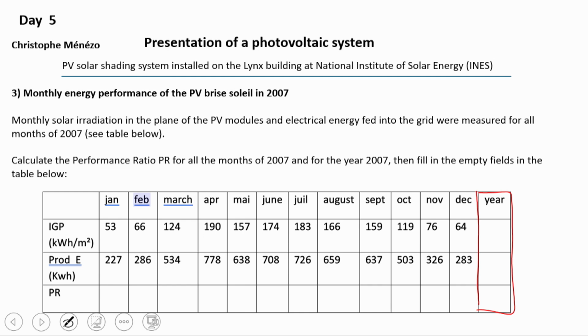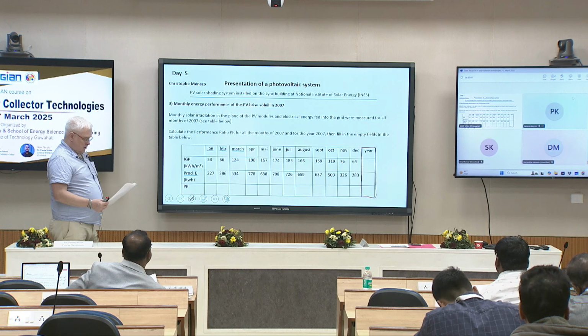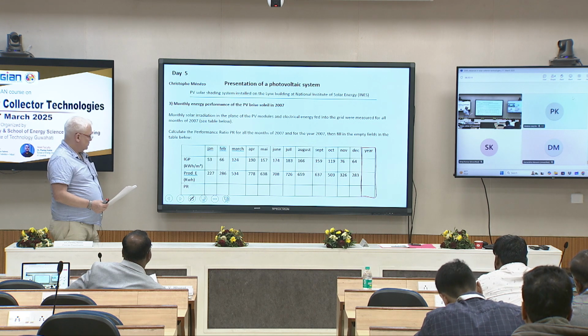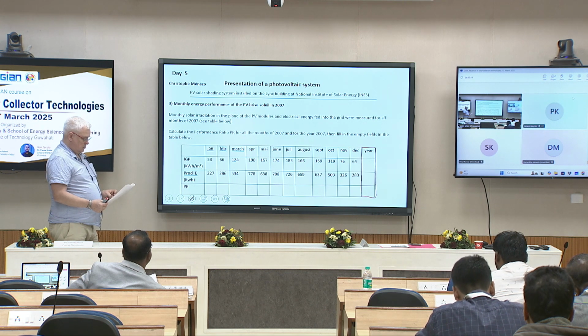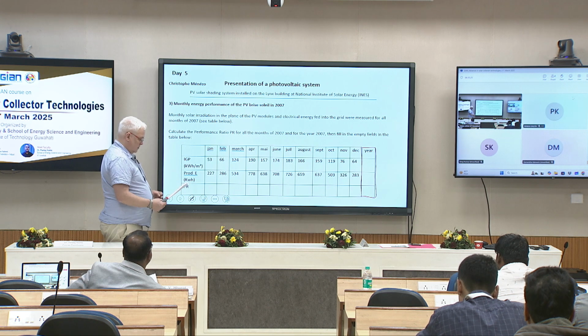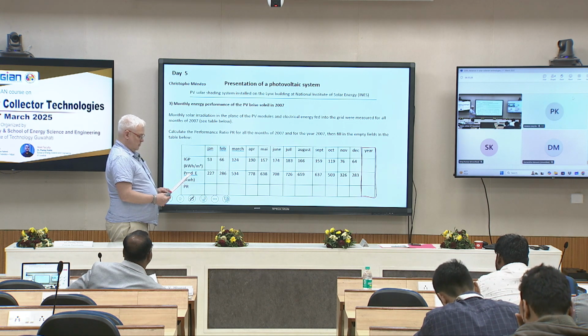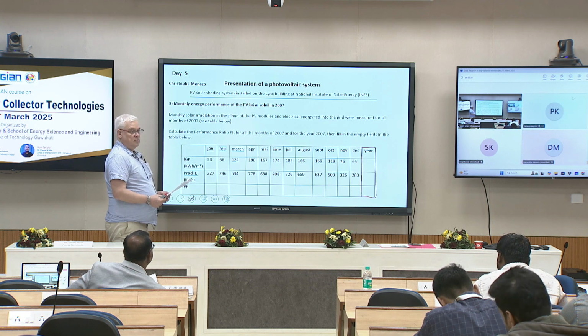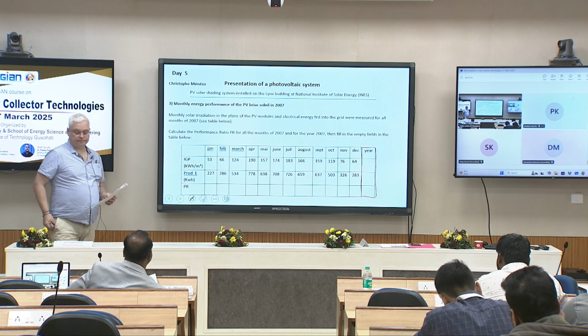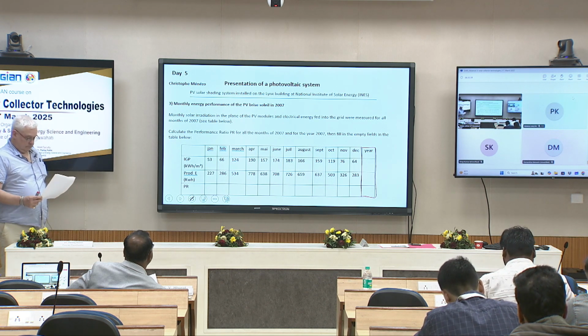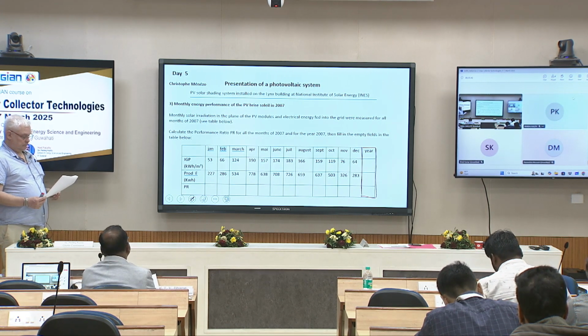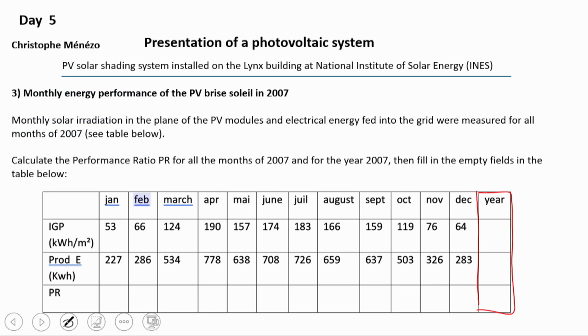We ask you to compute the performance ratio for each month, and to identify when is the minimum, when is the maximum. So can you complete that?